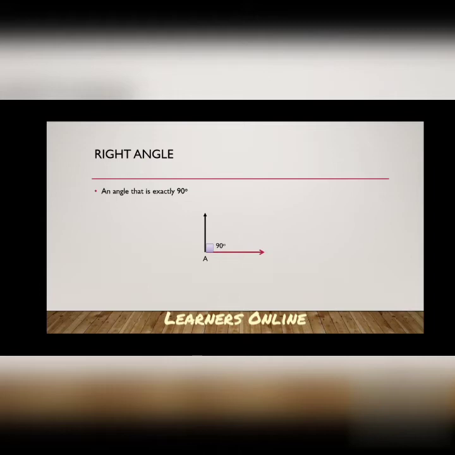The third type of angle we have is the obtuse angle, that is greater than 90 degrees but less than 180 degrees. The starting arm is pointing towards the right, and we have a black dotted line that is pointing towards the left, which is opposite in direction to the starting arm. This line pointing towards the left is the 180-degree angle.